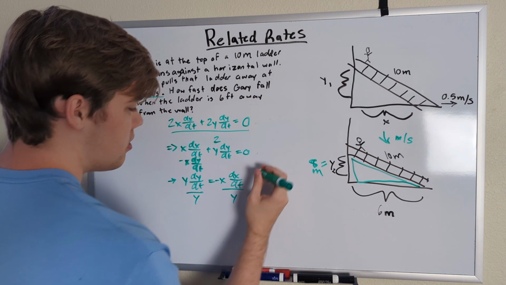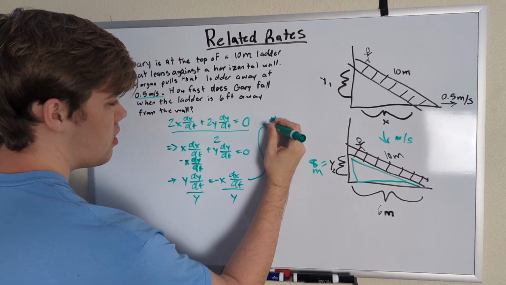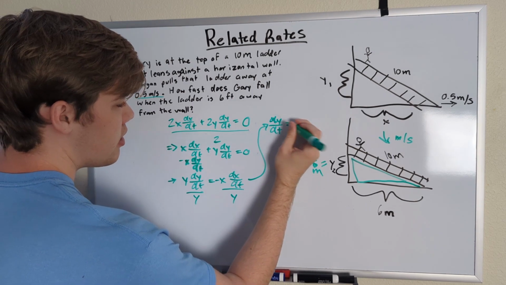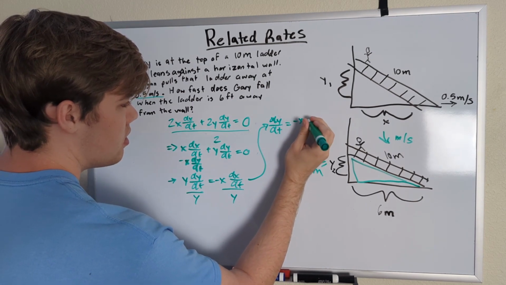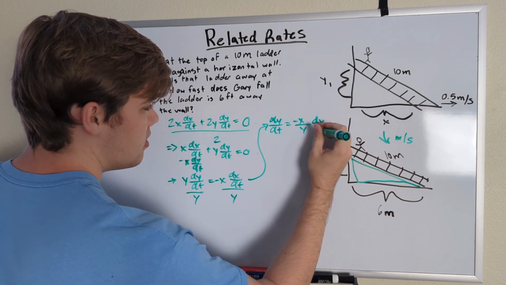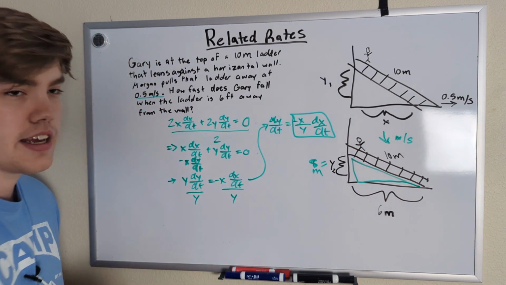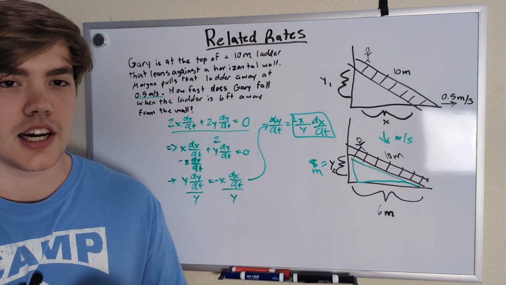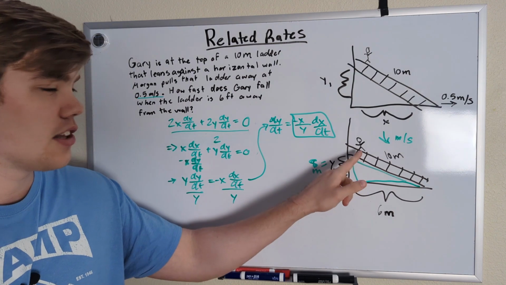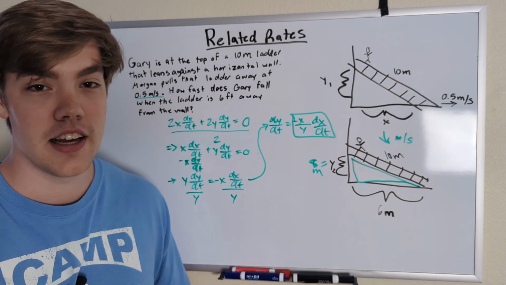So our final equation is dy/dt is equal to negative x divided by y times dx/dt. And now we can use this equation in order to find the change in y over time, aka how fast our little man Gary is falling. I hope he's okay, because that is a long fall and very scary.